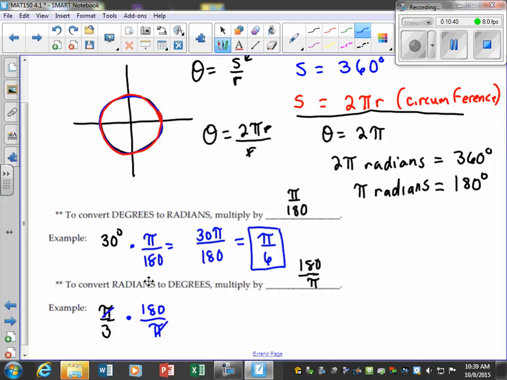The pi's cancel, so you get 180 divided by 3, which is 60 degrees. From now on, we're going to use these two rules to convert from degrees to radians and vice versa.